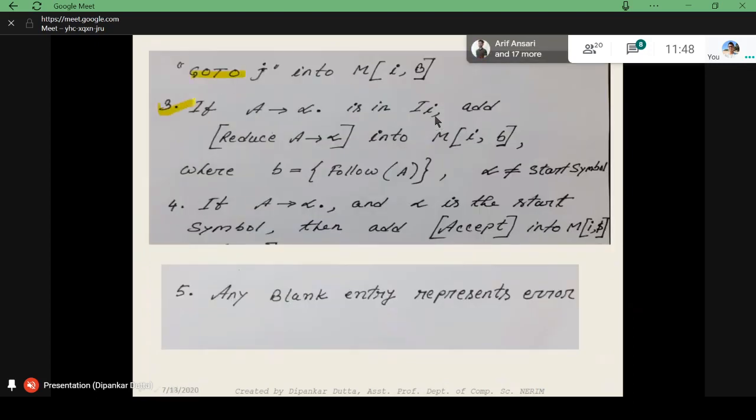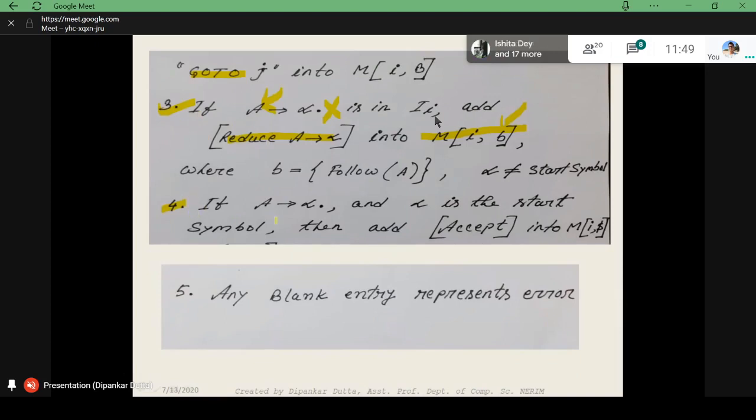In point number 3, dot followed by nothing, then you have to go for the calculation of follow A, and then add reduce A implies alpha into M of I, b. So what is b here? Follow A. And rule number 4 is a special case of rule number 3.